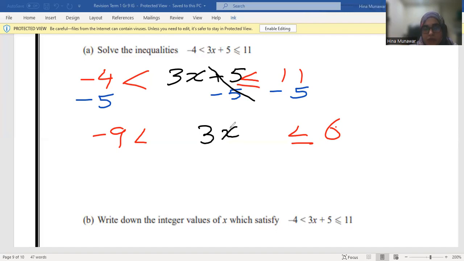Still your focus has to be on x. What you have to find out is x. So what you do here, you just need to divide by 3, right, like this. So what does x become? Minus 9 divided by 3 is minus 3, because 3 times 3 is 9. 6 divided by 3 is 2, because 3 times 2 is 6.